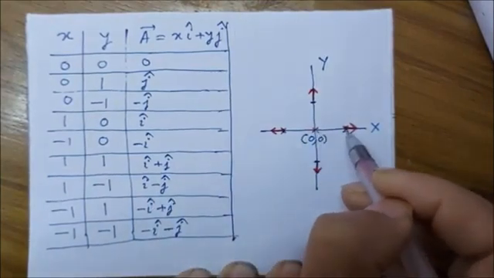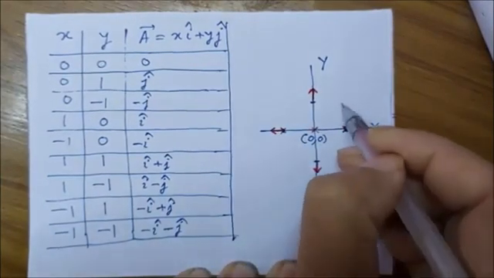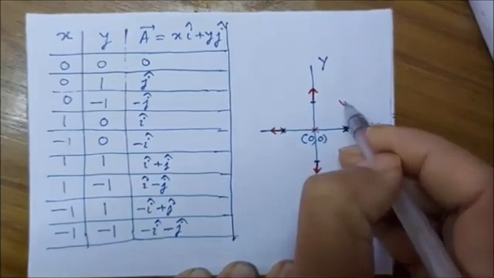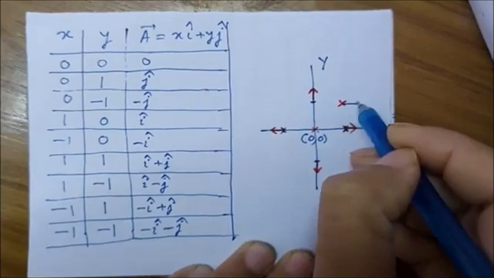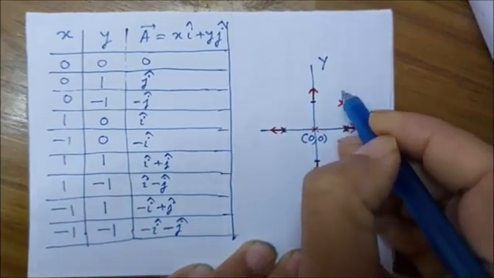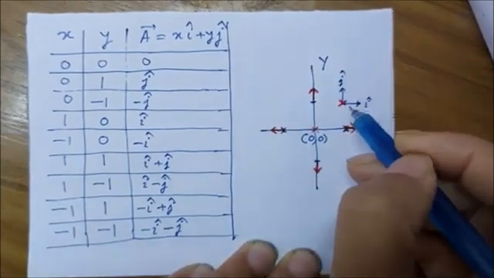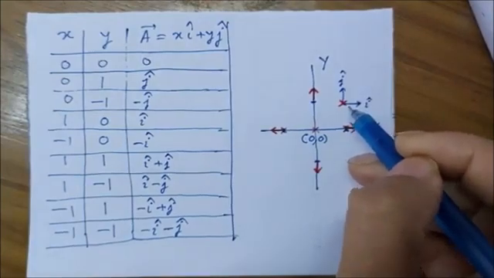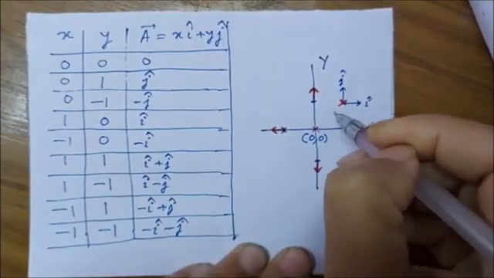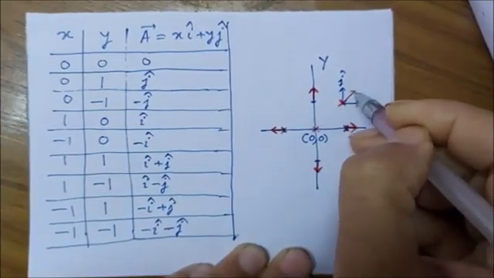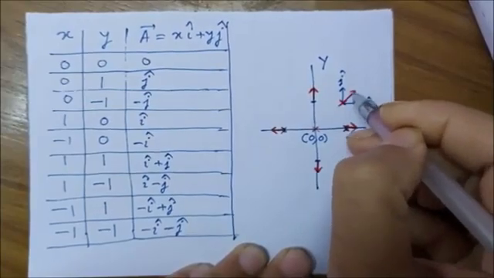So we move 1 unit along x and 1 unit along y to arrive at this point whose coordinate is (1, 1). Now this is i hat and this is j hat. So i cap plus j cap is along this direction.